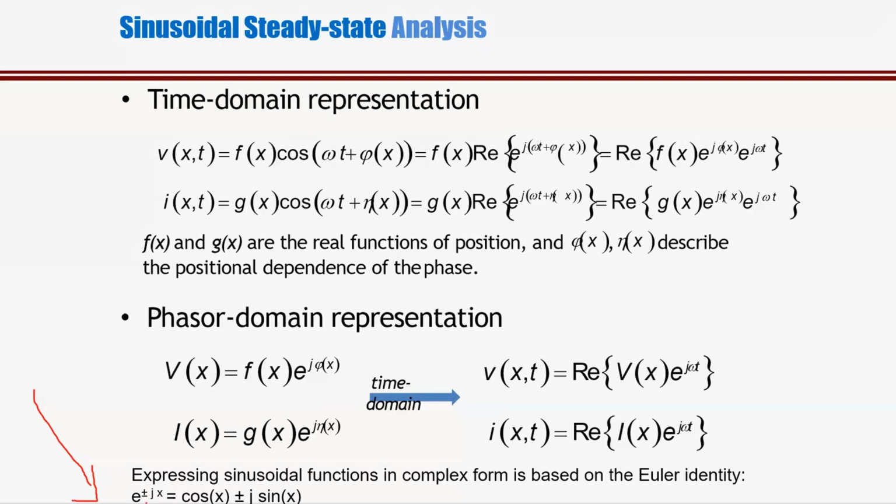It is represented like this because e raised to plus minus jx is equal to cos x plus minus j sin x according to Euler's identity, where cos x is the real part and sin x is the imaginary part. So I have taken the reverse of this here.